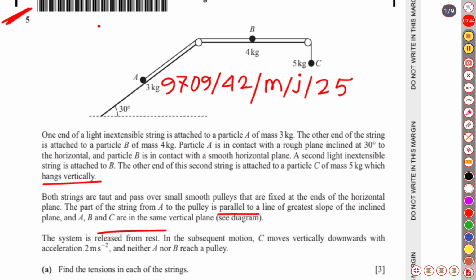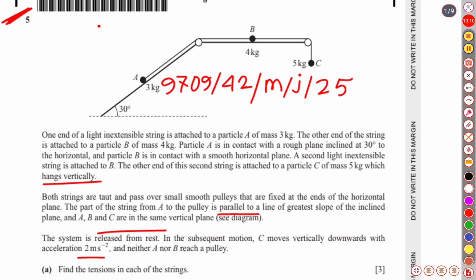In the subsequent motion, C moves vertically downwards with acceleration 2 meter per second squared, and neither A nor B reach a pulley. Find the tension in each of the strings. So there are two tensions, one string is behind B, another one is in front of B, connected to B.